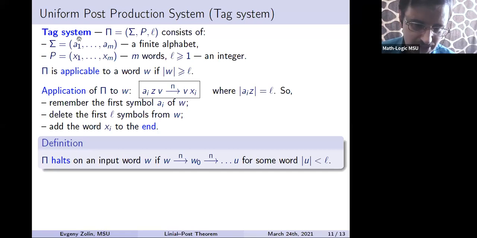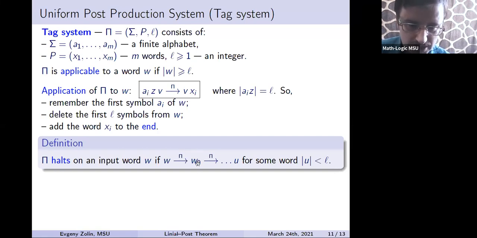Our system pi halts on an input word W if this process, in which the word W is transformed into the words W0, W1, W2, and so on, obtains some word U which is short, whose length is less than L. Notice that if we have a word W, our process is deterministic.